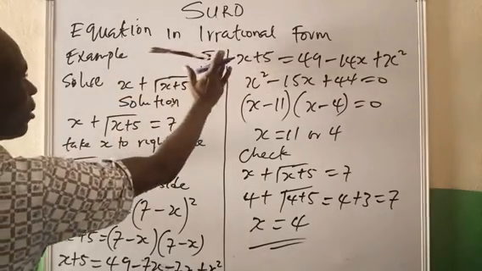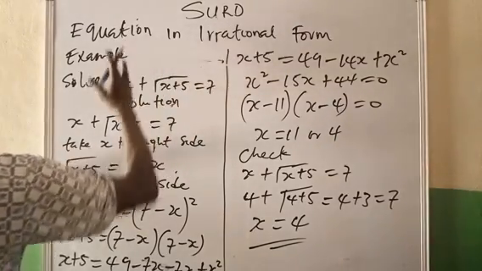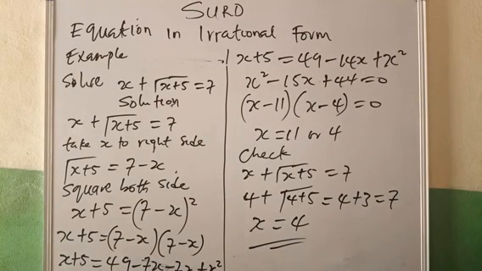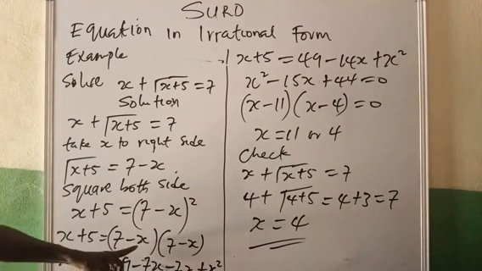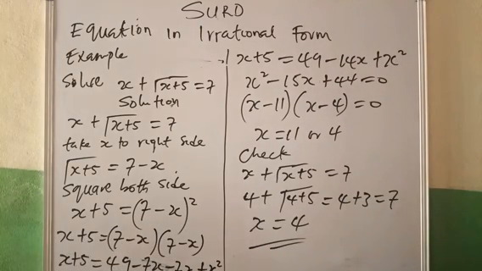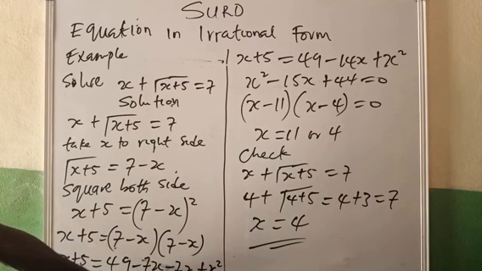Then we expand (7 minus s)(7 minus s): s plus 5 is equal to 49 minus 7s minus 7s plus s squared.